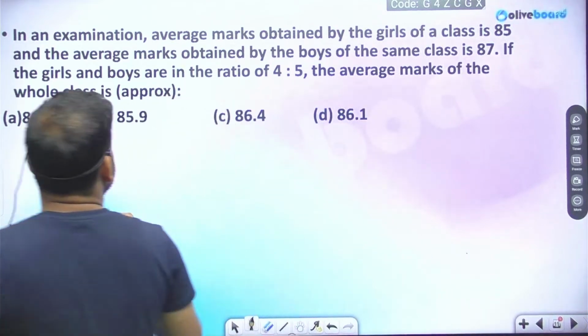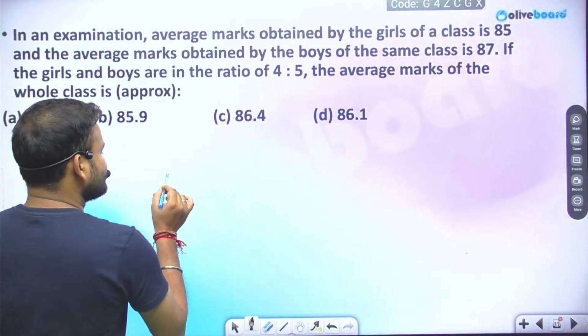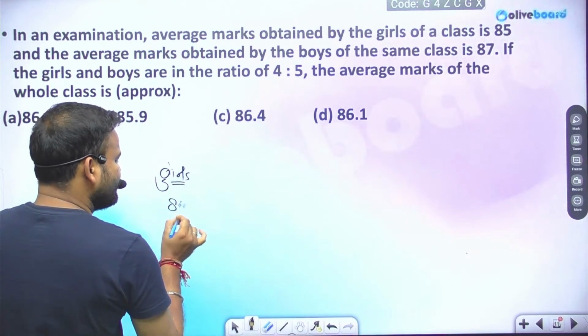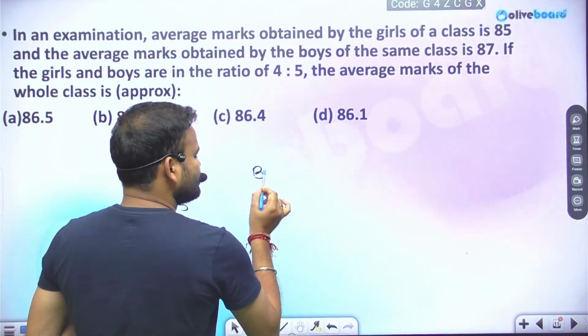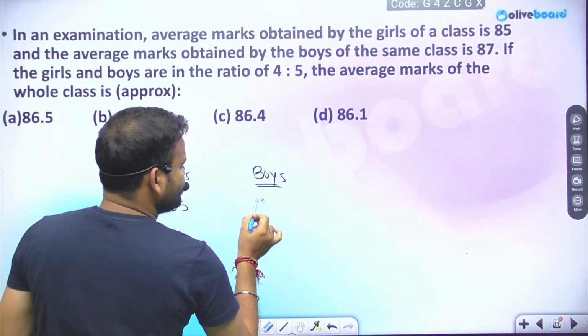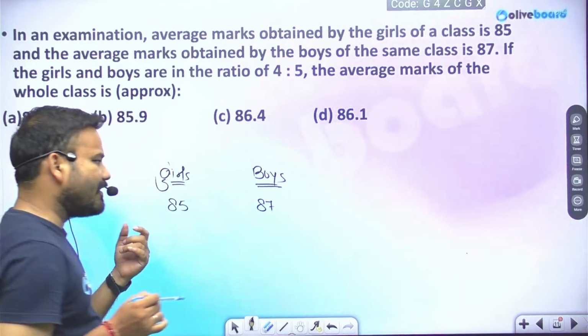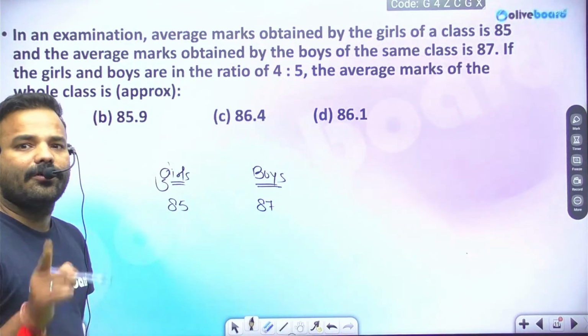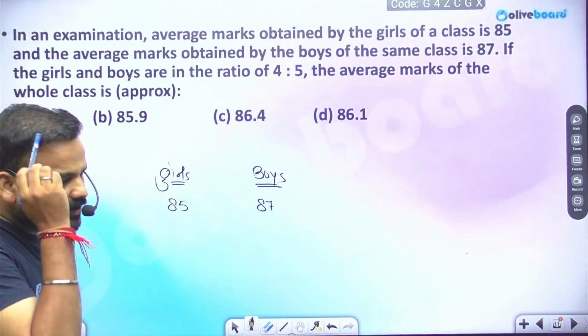So in an examination, average marks of girls of a class is, see, girls is having an average of 85, and what about boys? Boys is having an average of 87. So it is known that the average of the whole class will be in between 85 and 87, depending upon what? Depending upon the quantity.